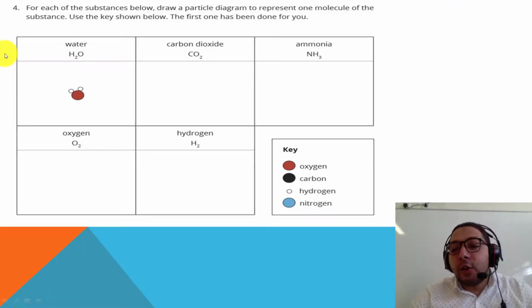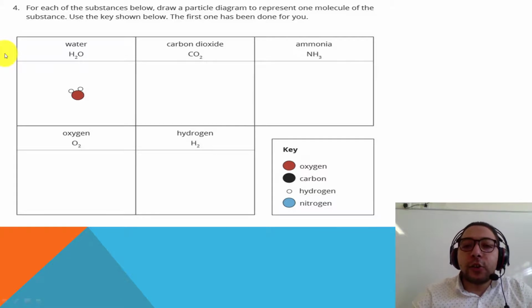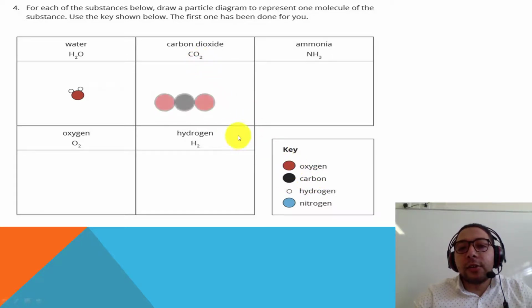Perfect, guys. I hope you have answered the questions right. Right now, I'm going to revise the answers with you. Over here, we have carbon dioxide, 1 carbon and 2 oxygens. So I'm going to look for the carbon. Carbon has a black circle, while oxygens have red circles. So it's going to be something like that, a black circle in between, 1 oxygen on each side.